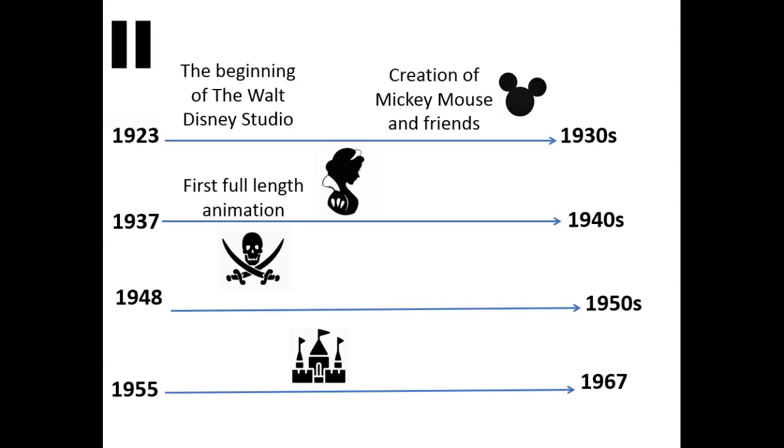It's 1937 then that becomes a significant date in the evolution of Disney's history. It's here that they make their first full-length animation, and that is Snow White and the Seven Dwarfs.